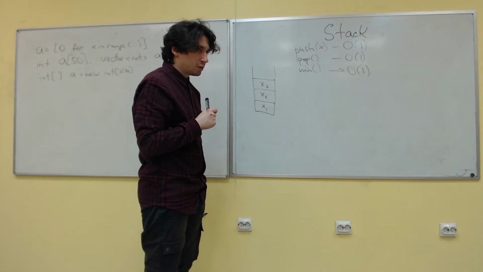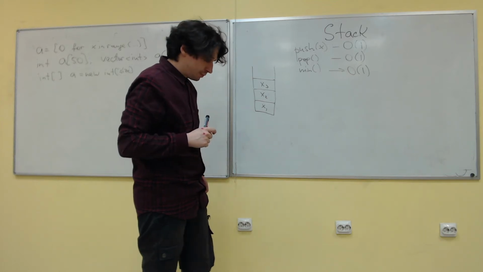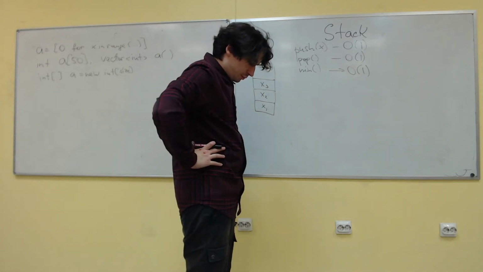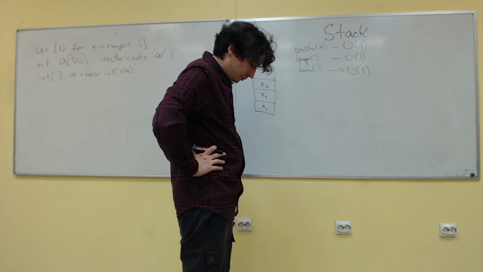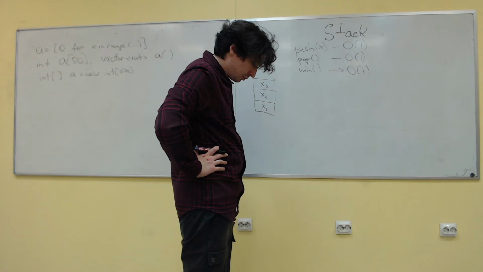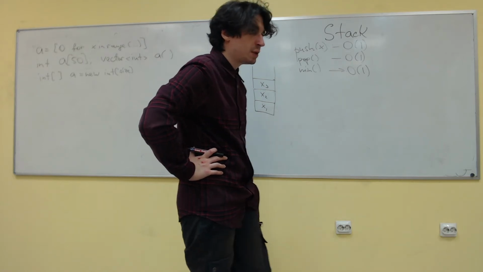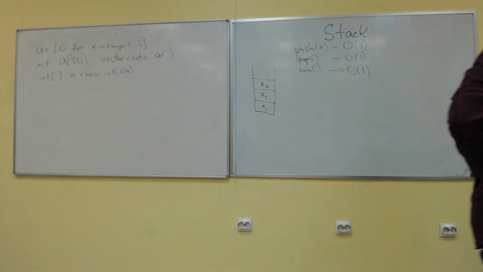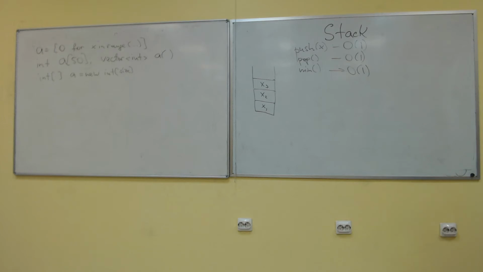Doesn't it? Like, instead of having just a top variable, we also have a minimal variable. Where do we store this minimal variable? I don't know, maybe in the data structure or in the class that implements the stack.